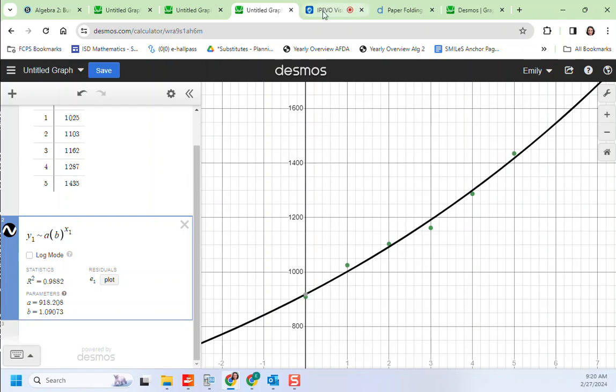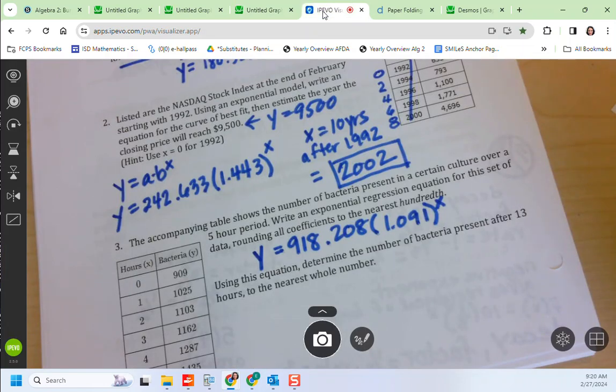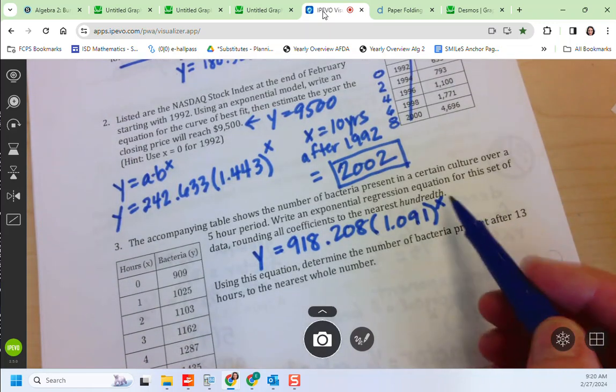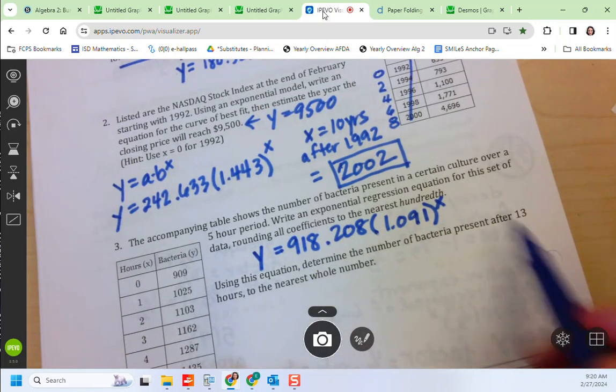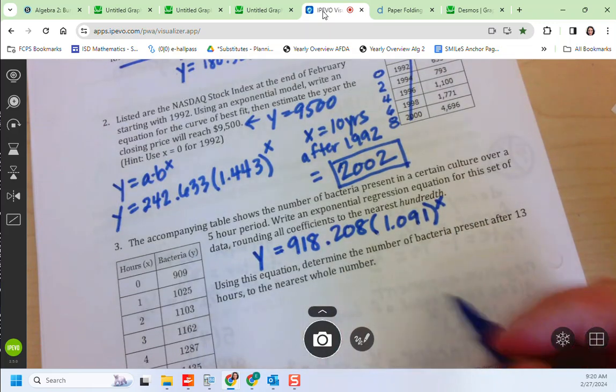Okay. All right. Use the equation to determine the number of bacteria present after 13 hours. And this one I said to the nearest whole number, because when we're counting bacteria, there are no half bacterias, okay? So once we get our equation like this and we put 13 in, the final answer will be rounded to a whole number.